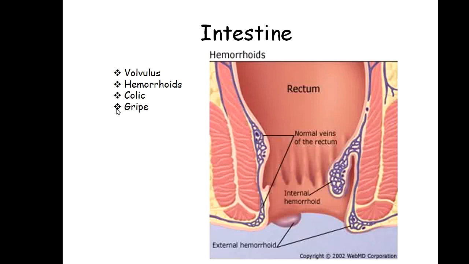So this leads to conditions like irritation, and that irritation may lead to abnormal spasm. Sometimes when microbial colonies are formed inside the small and large intestine, they may lead to perforation of the intestine.